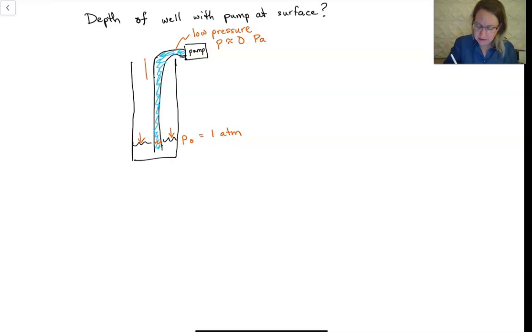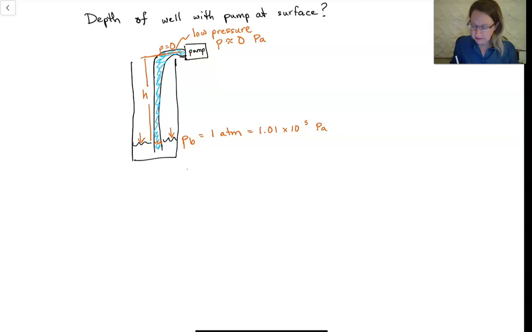And then that tells us this height, right? Because our height tells us that if the pressure equals 0 up here, then the pressure down at the bottom, let's see, we'll call that the pressure at the bottom, needs to be 1 atmosphere, or 1.01 times 10 to the 5th pascals.